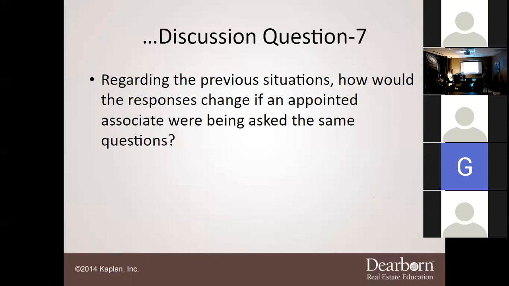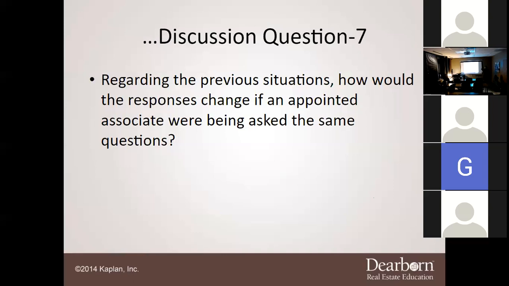So either Mr. Keith or Mr. Darren, regarding the previous situations, how would the responses change if an appointed associate were asked the same questions? Key word there, appointed. The situation shouldn't change for the associate. He still shouldn't give advice.